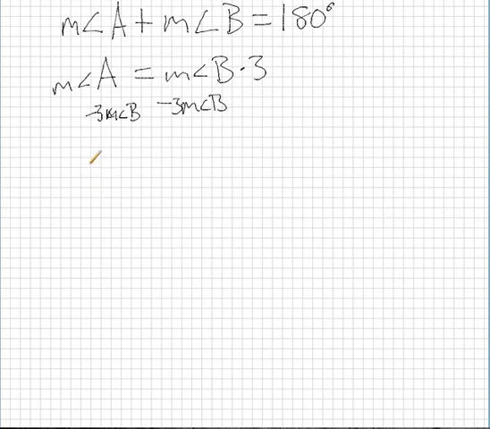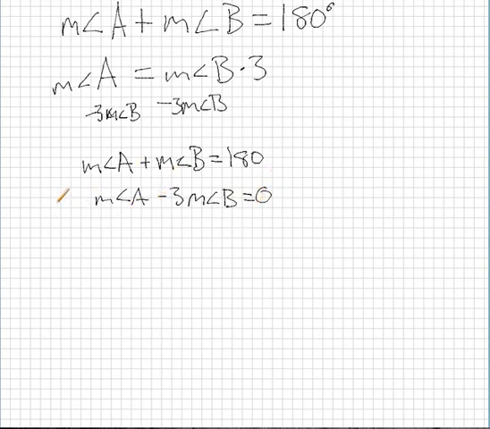So what we get is the measure of angle A plus the measure of angle B equals 180. So that's the top. And then the bottom is going to equal measure of angle A minus 3 measure of angle B equals 0. So this is a system of equations now.